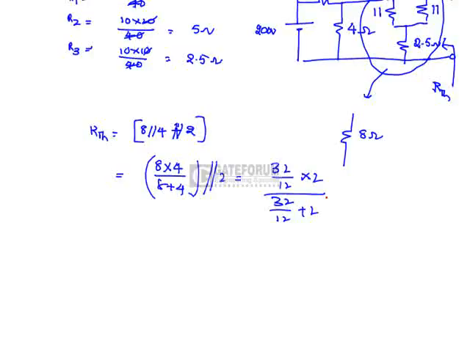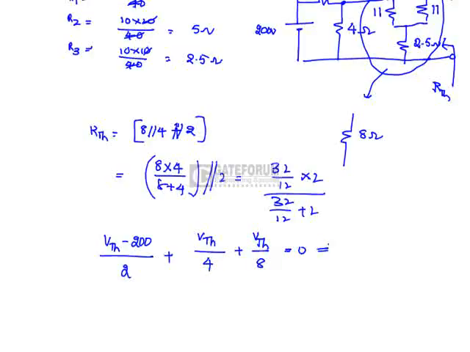Similarly, for VThevenin, apply KCL here, that is (VThevenin minus 200) divided by 2 plus VThevenin divided by 4 plus VThevenin divided by 8 equals 0.